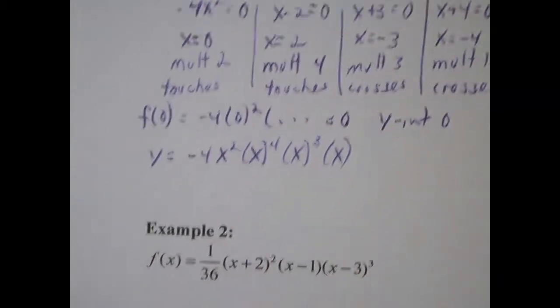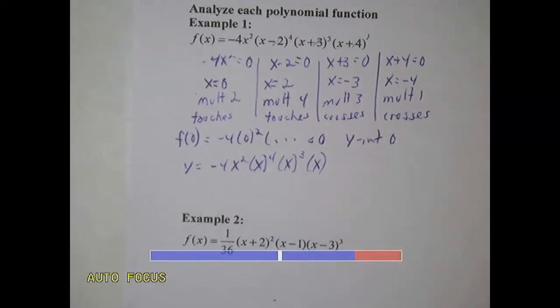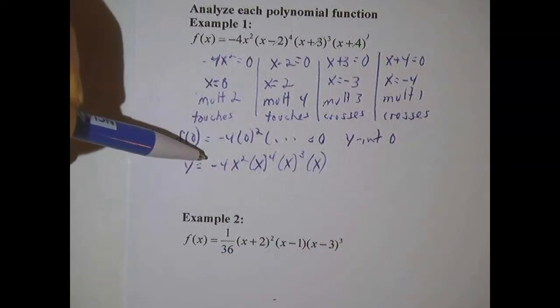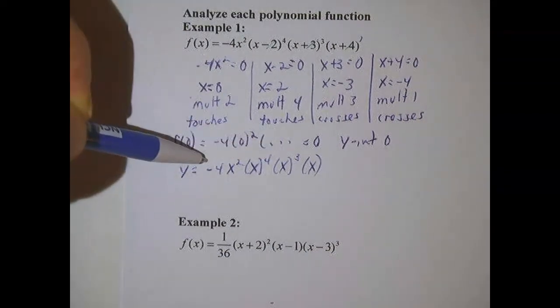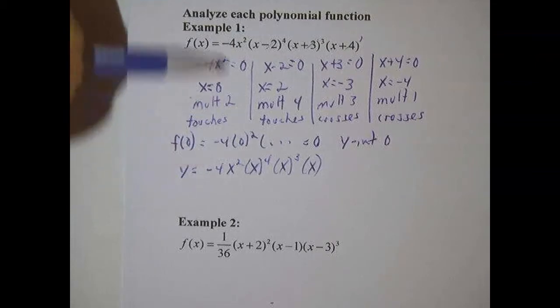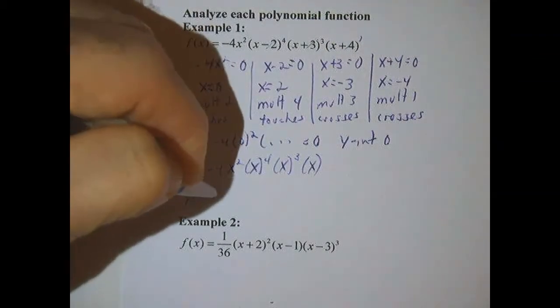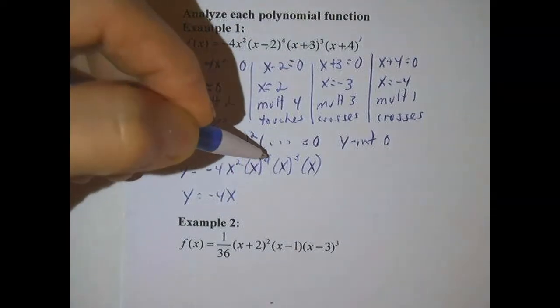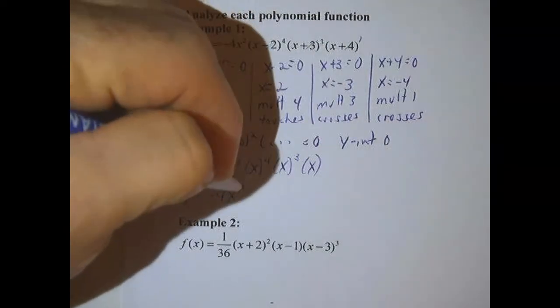And again, I'm not saying that this is the function. I'm just saying this is the lead term. If you were to multiply this whole thing out, this would give you the power function that would be the first term in your long polynomial. And that would be y equals negative 4x to the 2 plus 4 is 6 plus 3 is 9 plus 1 is 10.